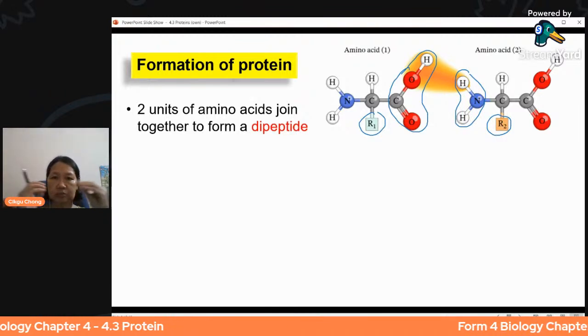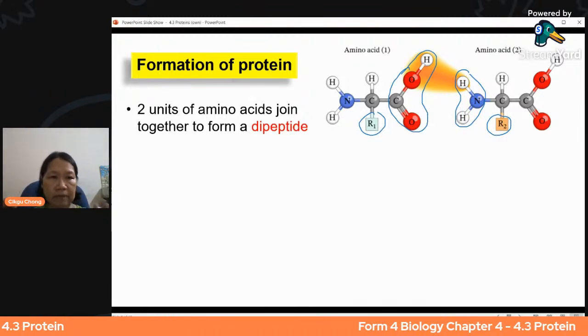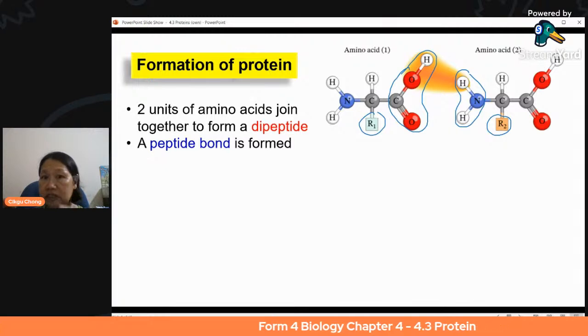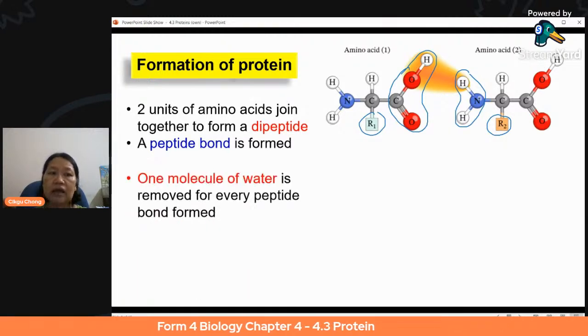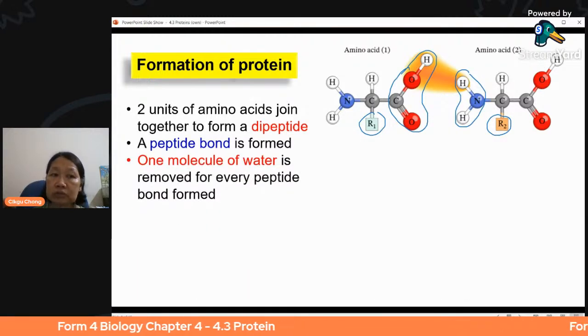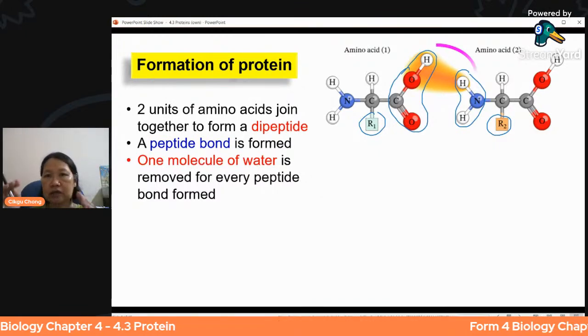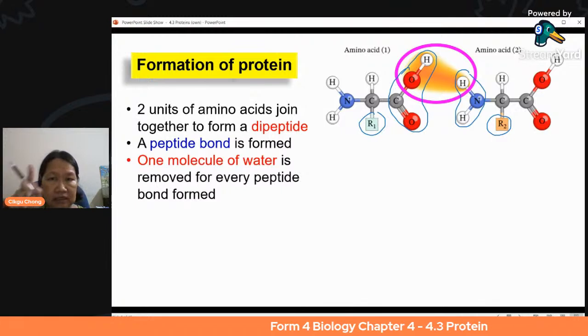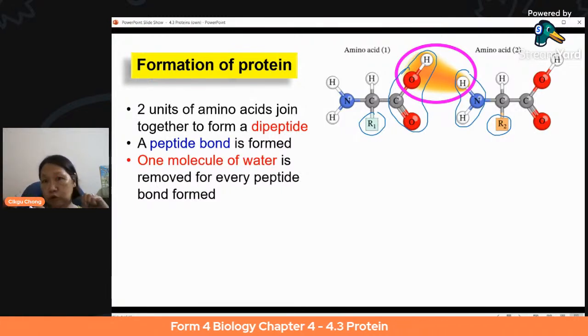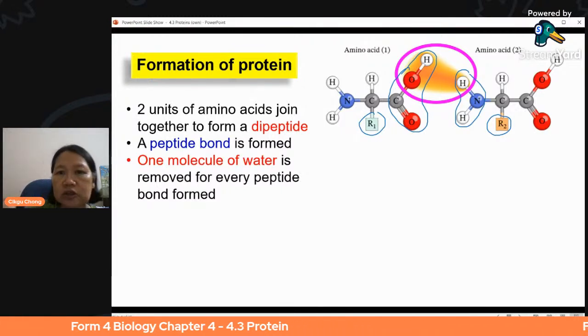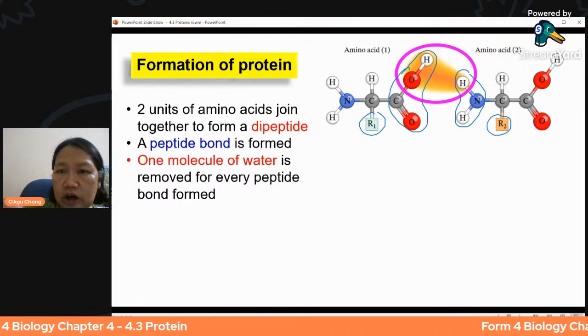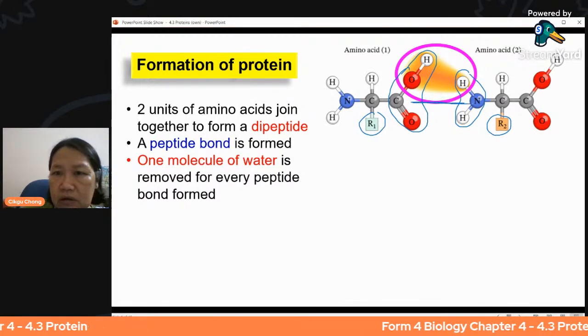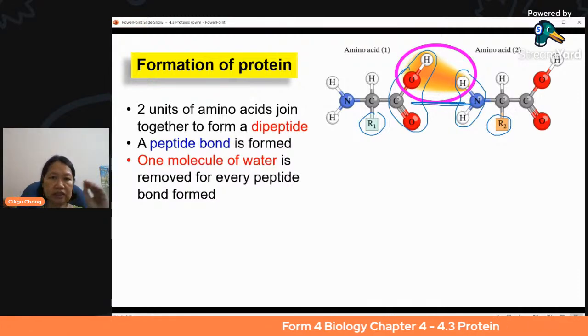So the reaction takes place here. What happens here is a peptide bond is formed when one molecule of water is removed. So here, see your H and the H and the O. So H2O, right? H plus and OH minus. So this will be removed. And when that happens, this C will join together with your nitrogen here. So your C will be bonded with nitrogen.